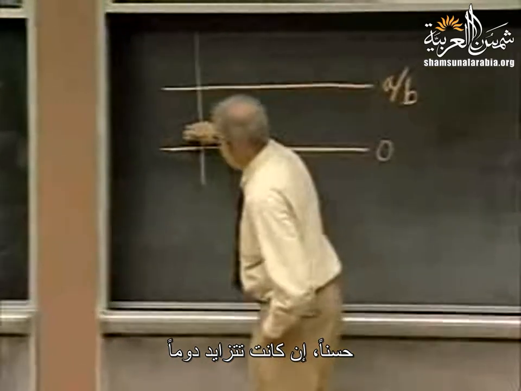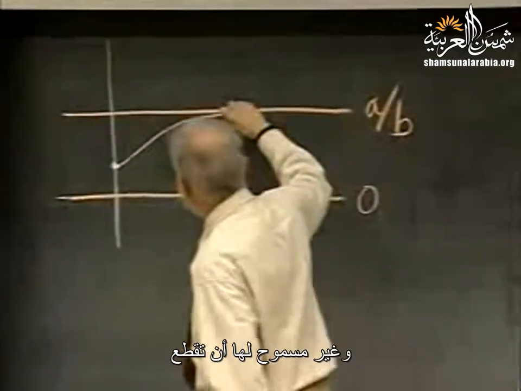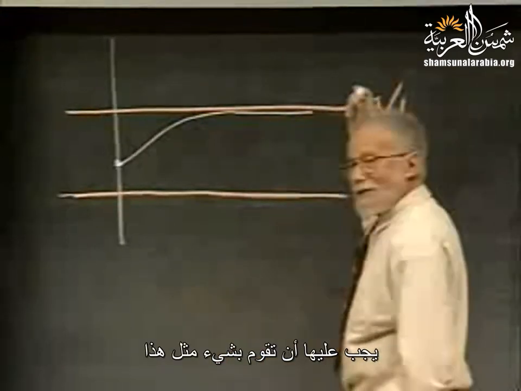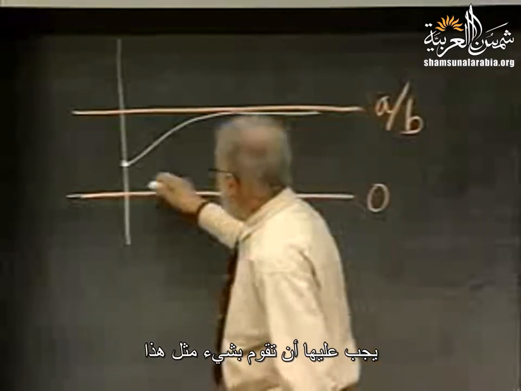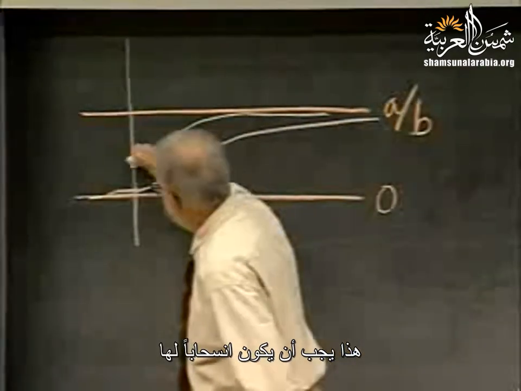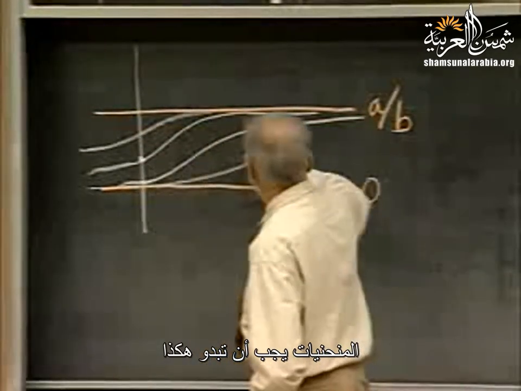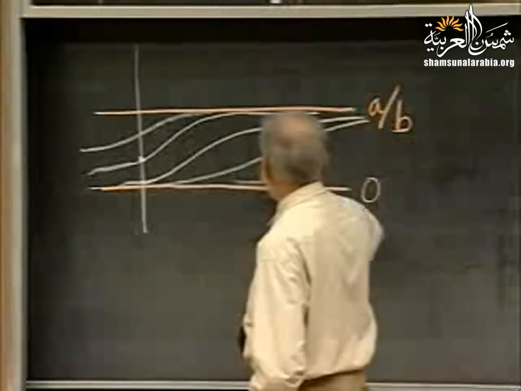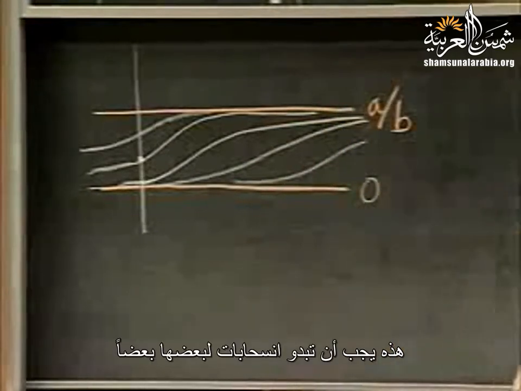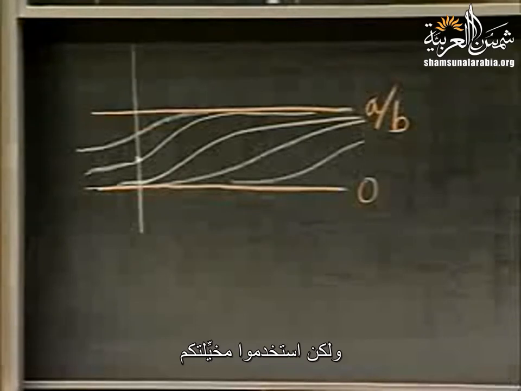So what starts here and increases must do something like that. In other words, the curves must look like that. Those are supposed to be translations of each other. I know they are, but use your imaginations.